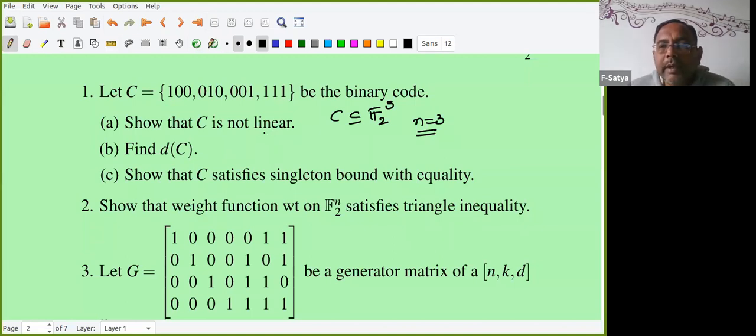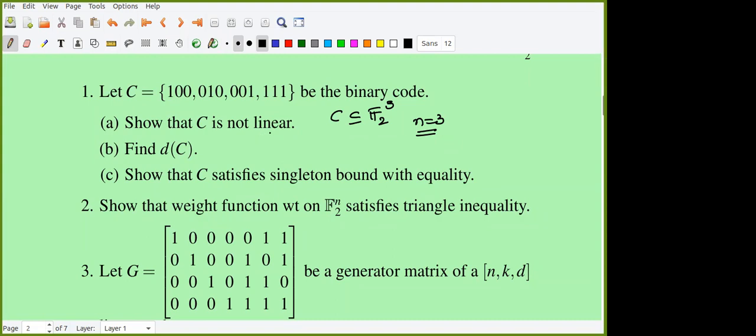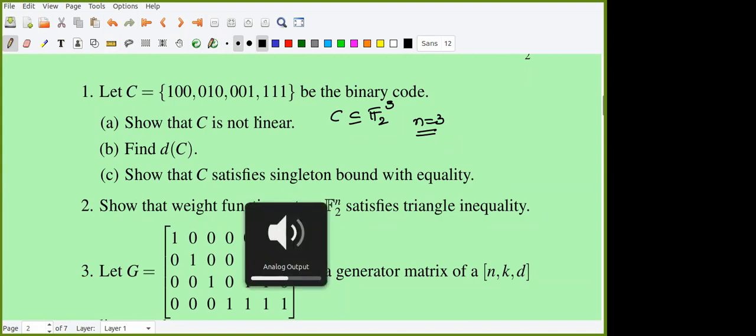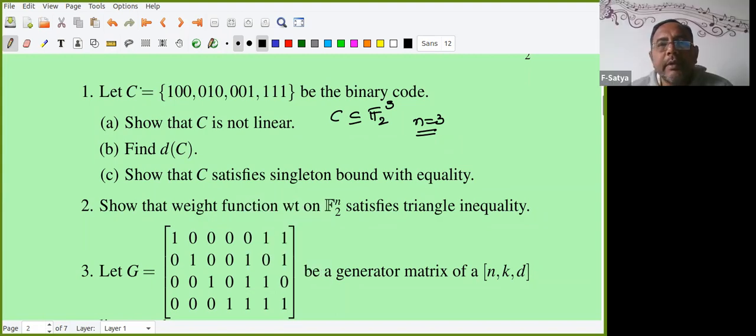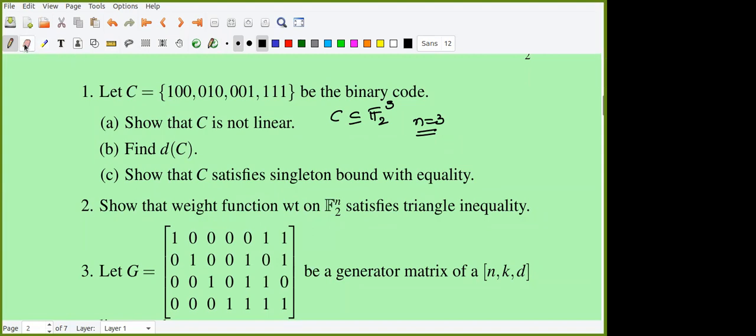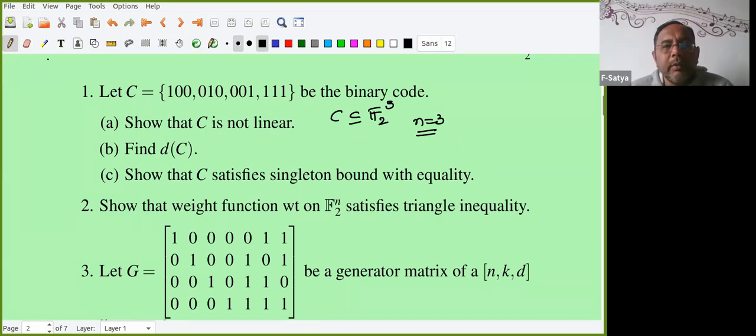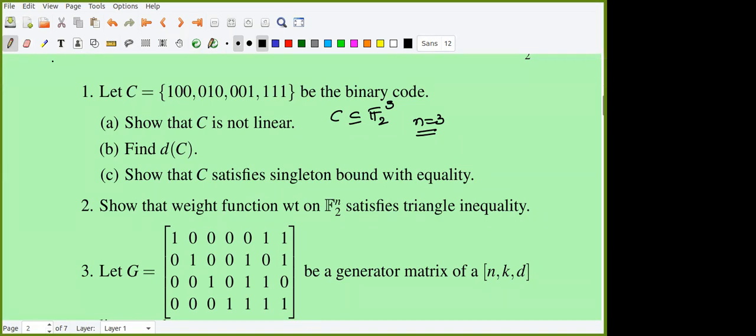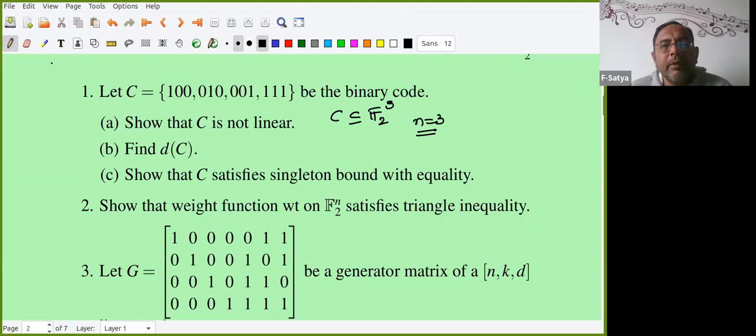Mehak, why is it not linear? Because the weight of the code is not equal to the distance. Please repeat. Because the weight of the code is not equal to the minimum distance. Okay, that is one thing. But what is the minimum distance? I don't know, right?